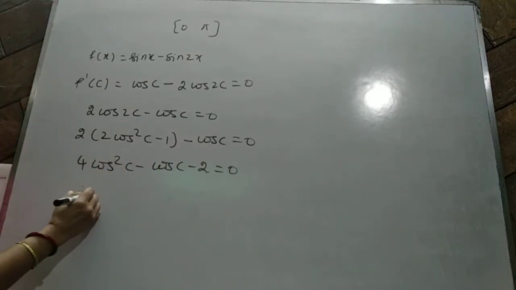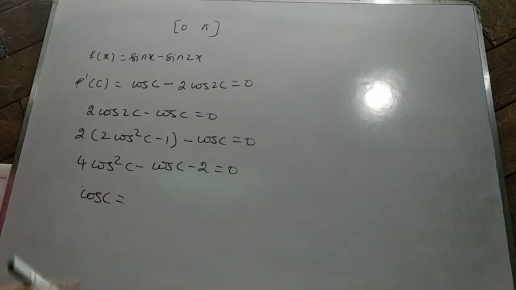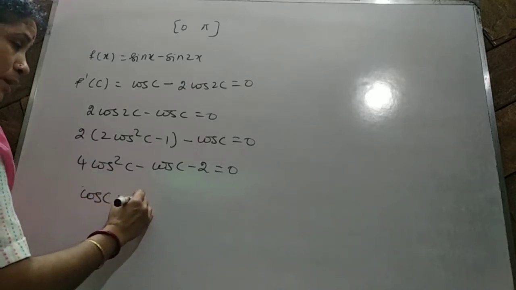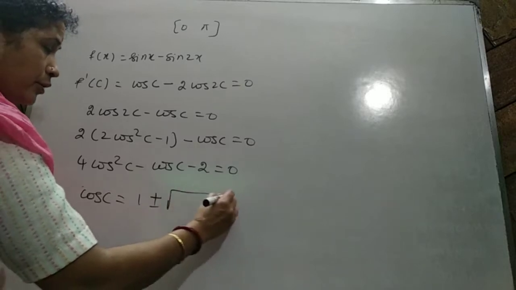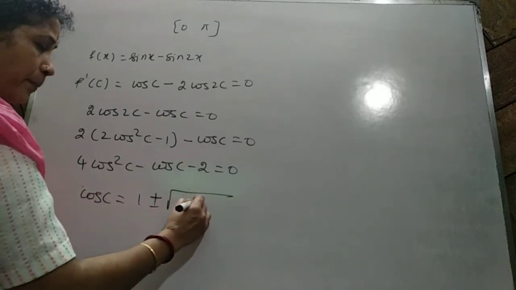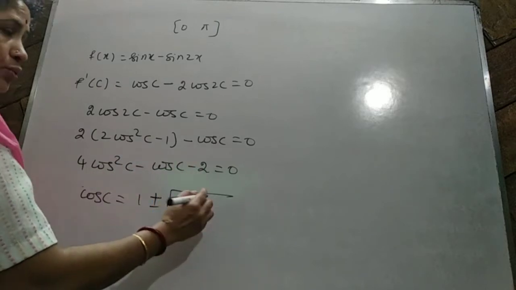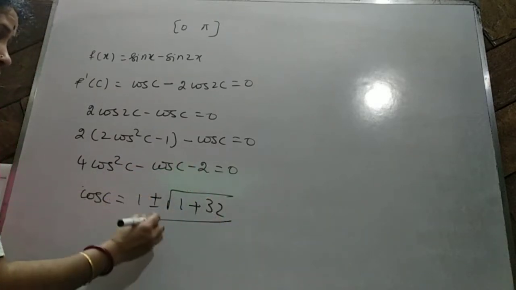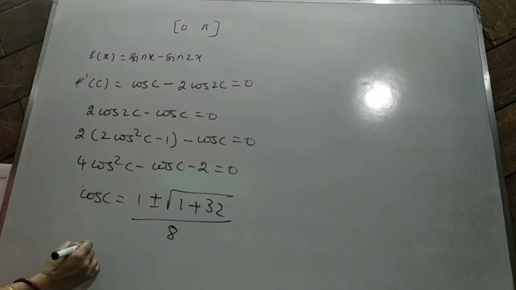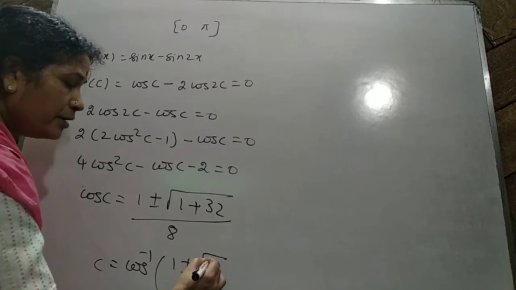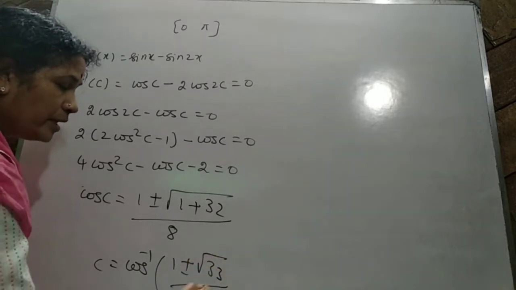Now find the value of cos c using the formula minus b plus or minus under root of b square minus 4ac, the whole upon 2a. Here b square is 1, plus 4ac is 4 into 2 into 4, 32, so 33, upon 8. So cos c equals 1 plus or minus under root of 33, the whole upon 8. So c is cos inverse of 1 plus or minus under root of 33, the whole upon 8.